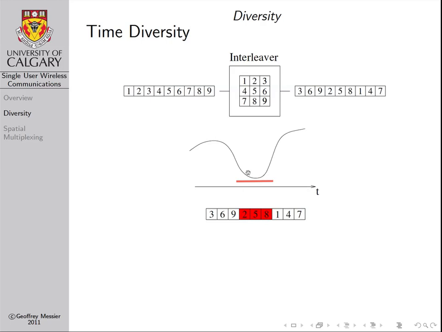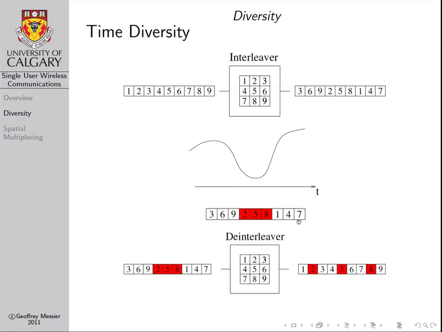And so thanks to this fade, the middle 3 bits are going to be very weak, very prone to error. I indicate the 3 bits that experienced poor channel conditions in red. The white bits experienced good channel conditions, the red bits experienced poor channel conditions.